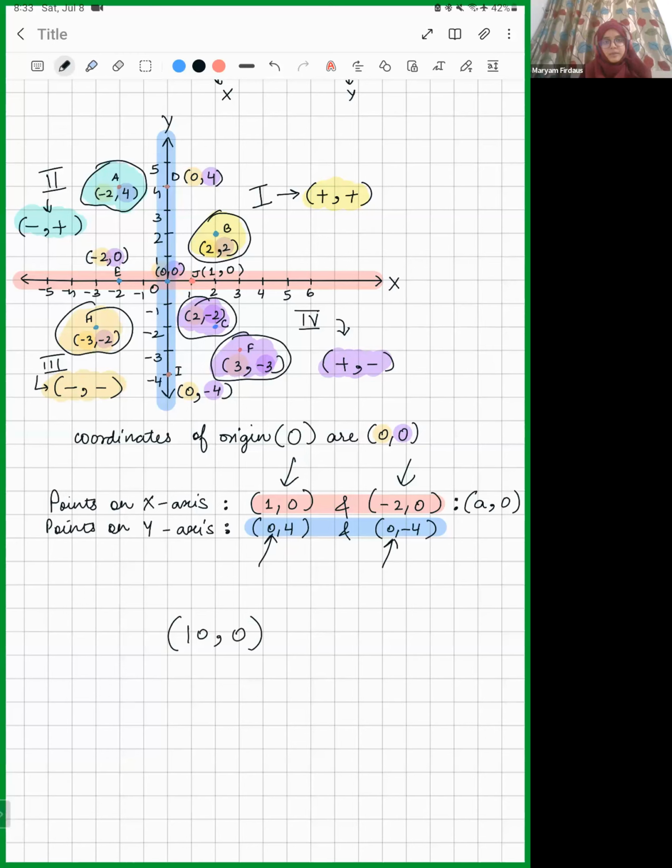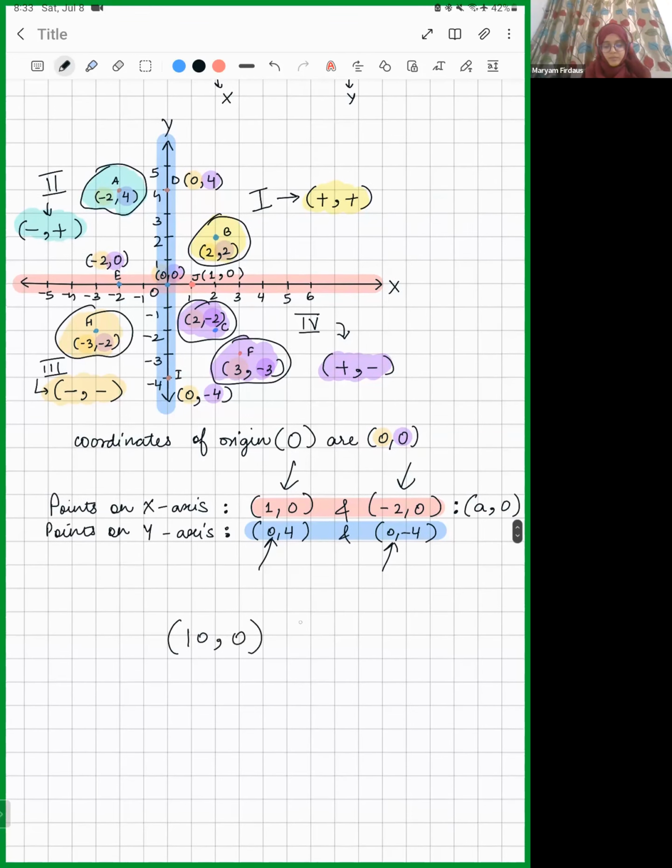So 10 will lie at abscissa, and 0 will lie in the ordinate. See, Abdul Rahman, it would lie in the x-axis. These are the coordinates of a point. 10 comma 0 is a point. I'm asking, where will this point lie?